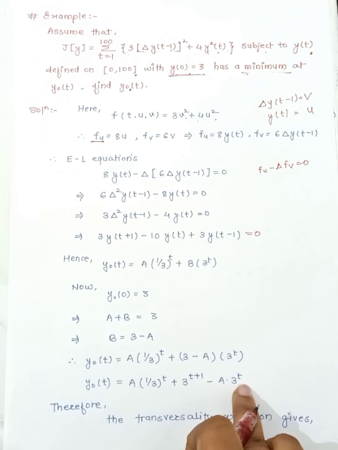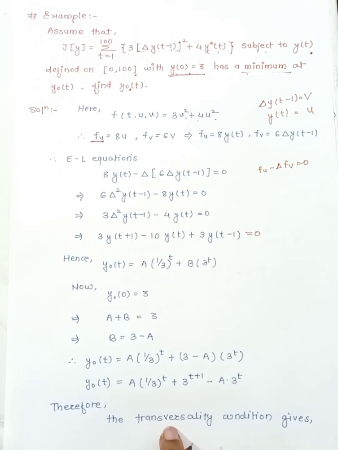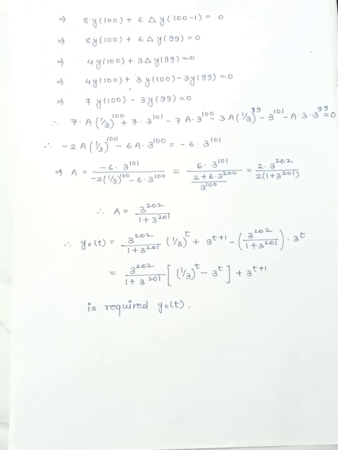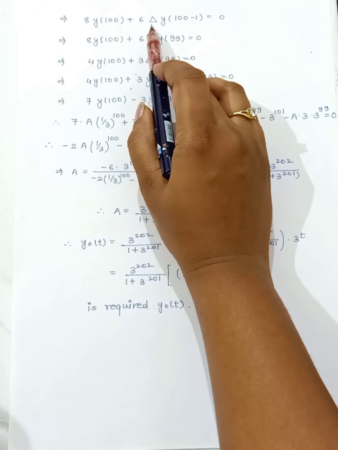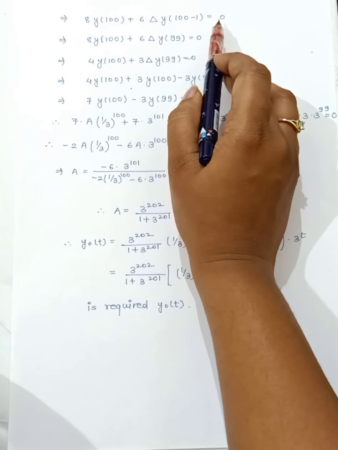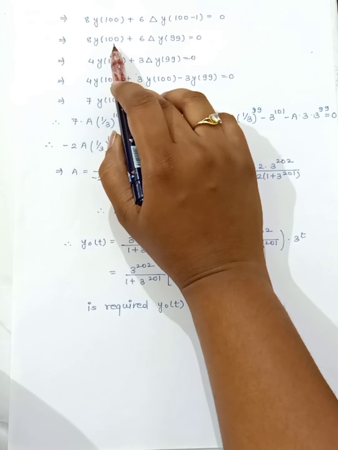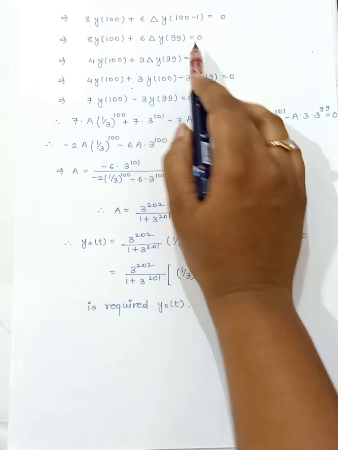And therefore the transversality condition gives 8y of 100 plus 6 delta y of 100 minus 1 equals 0. So 8y of 100 plus 6 delta y of 99 equals 0.